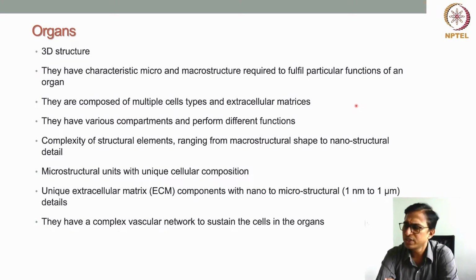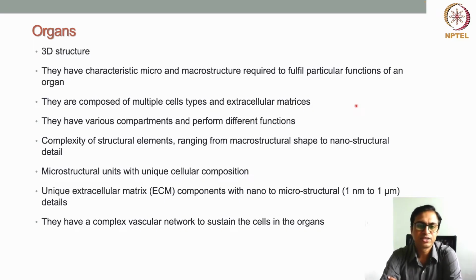So the human body is composed of different types of tissues and organs. Multiple organs work simultaneously and in tandem, together, to run our body, right? So all the different organs have typical 3D structures.